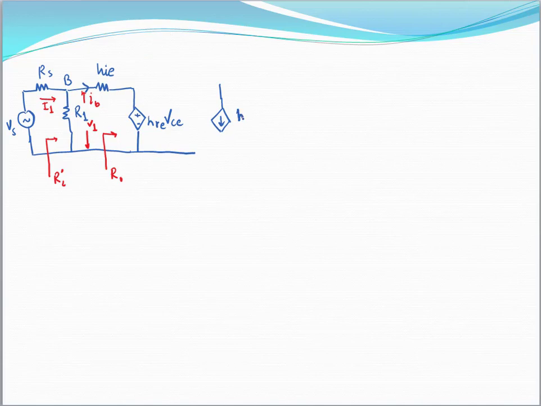This is HFE IB, HOE will come in parallel with HOE, and then just see it.